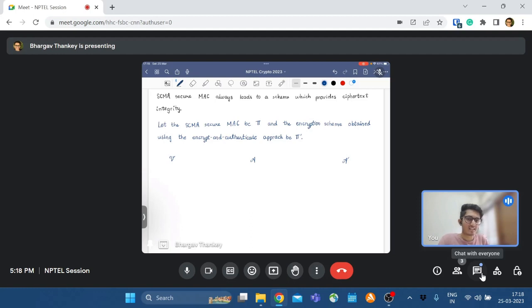And what authentication means is that the receiver should be able to verify that this message came from the sender. So there's a slight difference between them. Also, I need a CPA secure scheme, right? So yeah.